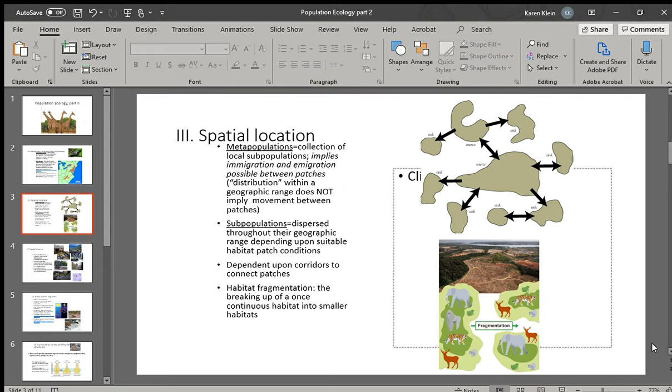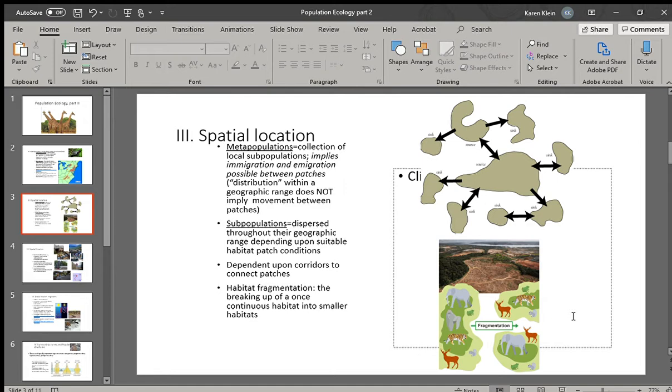We're seeing this more and more as we have much more habitat destruction and fragmentation. That is, habitat that is cut up or separated from one another, fragmented, because of human building, human interference.